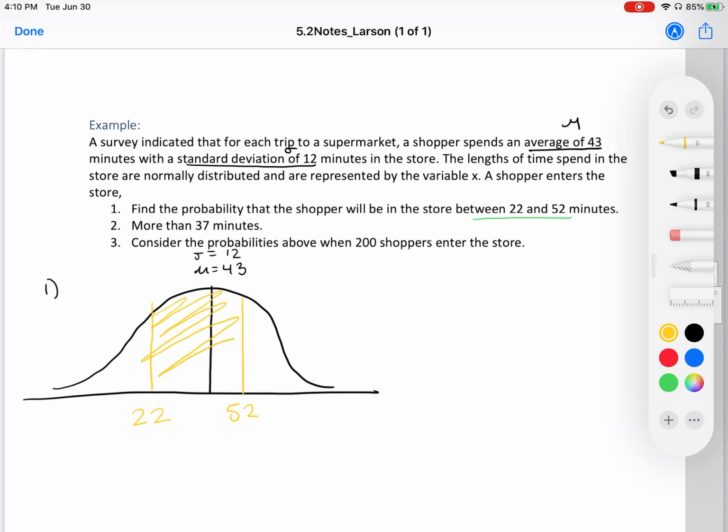All right, so I have a calculator handy. This is our lower value, and that's our upper value. So we have normal CDF 22, 52 with a mean of 43 and a standard deviation of 12.